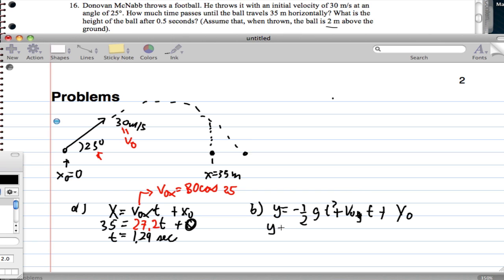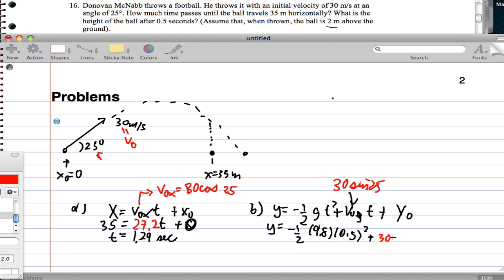And that's going to be y equals negative 1/2 times 9.8 times 0.5 squared plus, here for Vy, once again I need to be careful. That's going to be 30 times the sine of 25.